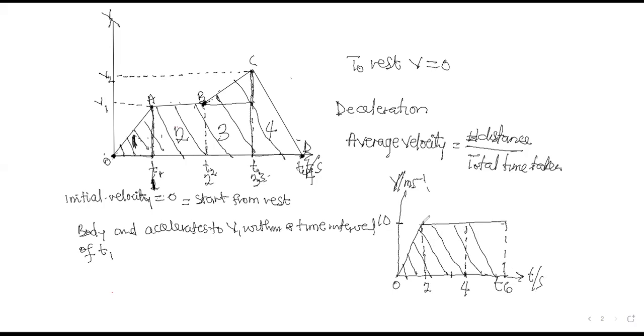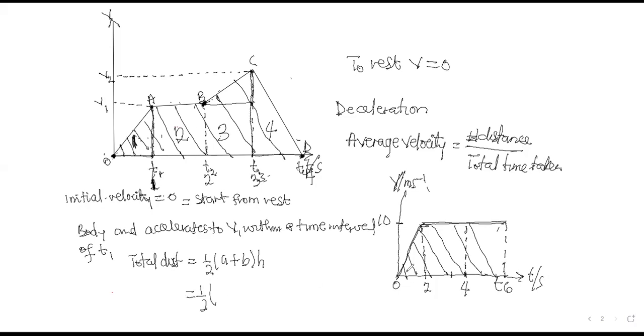What I'll do is that either, what is this shape? The whole shape, I mean the whole shape. Trapezium. It's a trapezium. So I can determine the total distance traveled using the area of a trapezium, half A plus B times the height.